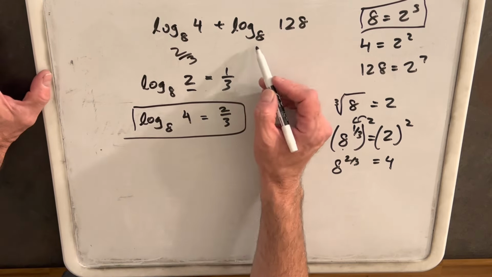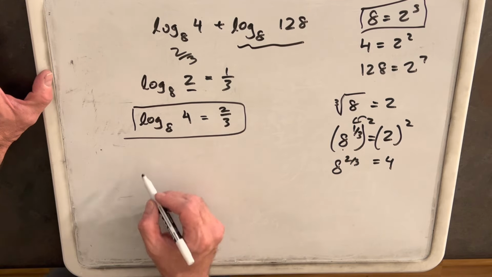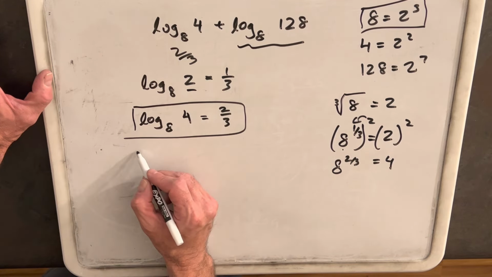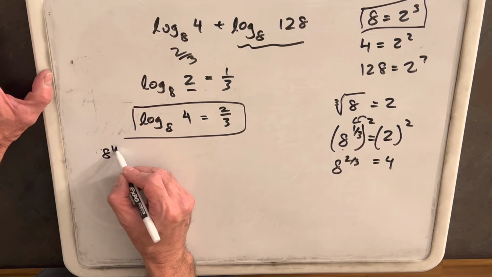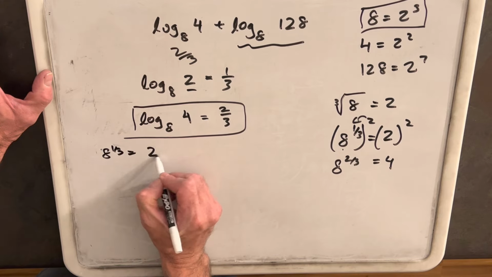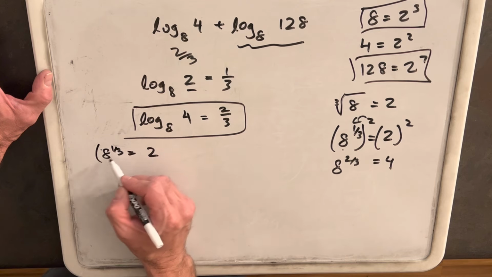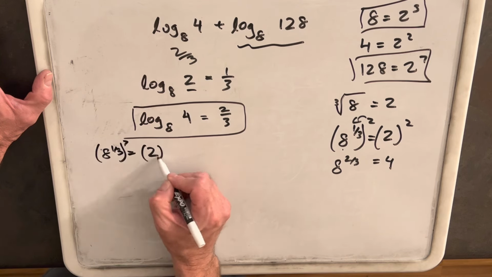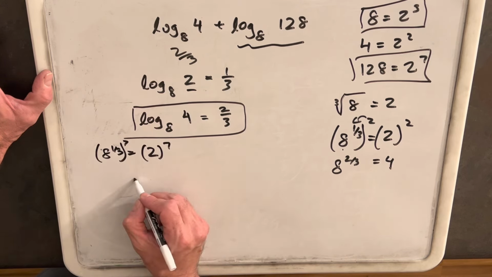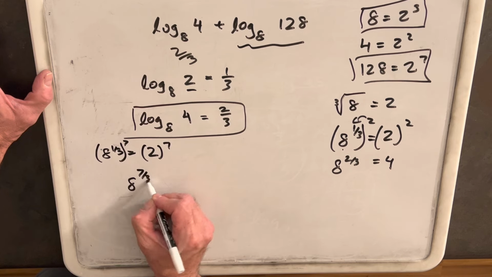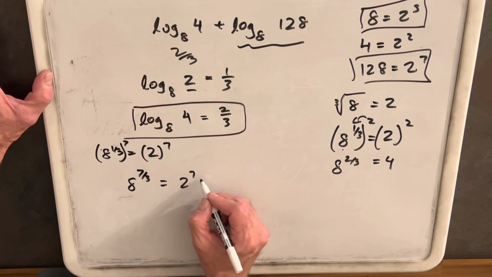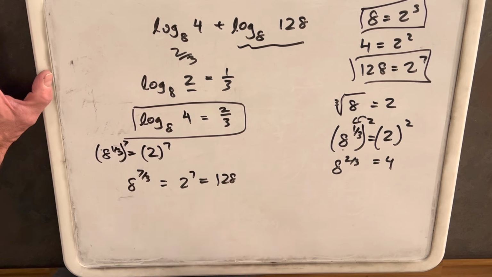Then similarly, we can do the same kind of thing here, where we said, okay, we had our 8 to the 1/3 equals 2. We know 128 is 2 to the 7th. Let's raise both sides to the 7th power. And so then we're saying 8 to the 7/3 equals 2 to the 7th, which is just 128.